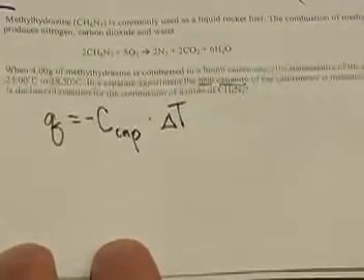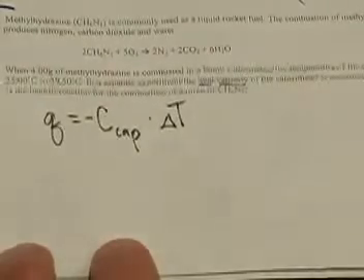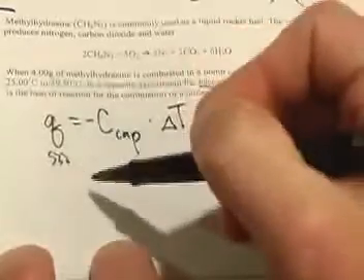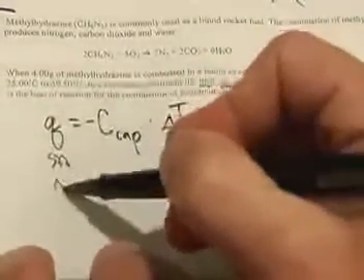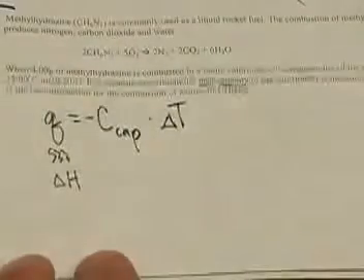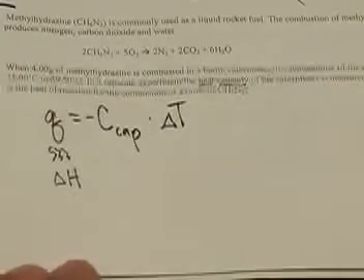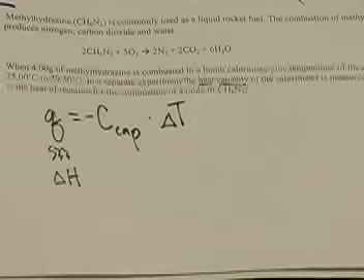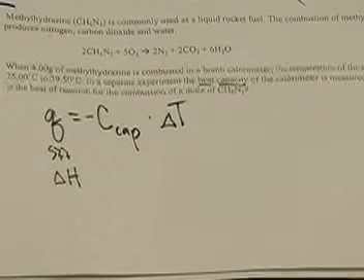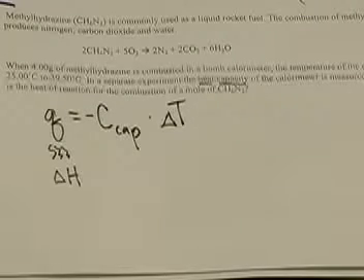And remember, this is going to give us the heat of the reaction that is approximately equal to the enthalpy of the reaction, because we're assuming that the pressure change is not that great. It's also going to give us the enthalpy change in amount of energy per mole of reactant or substance.